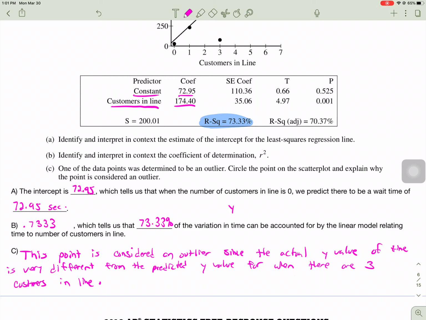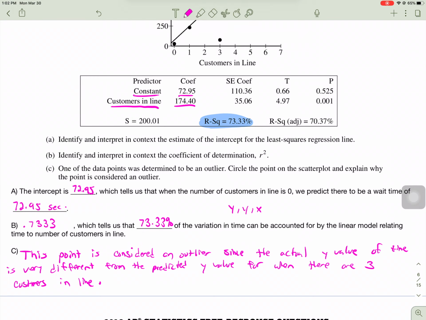That's our y, x. You're basically saying that 73% of the reason that time goes up is because of the number of customers. That means there are other aspects as well. Maybe the register person is really slow. I know that happens to me sometimes at the grocery store. Maybe there's an object that needs to get its price checked. It could be a bunch of different things.